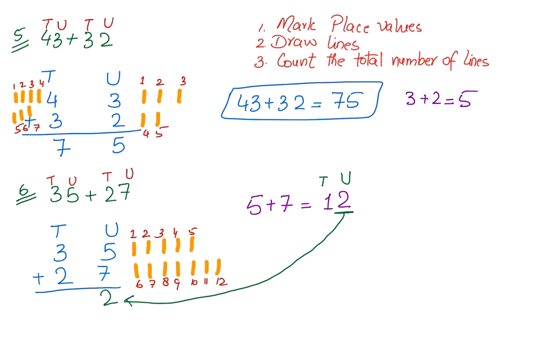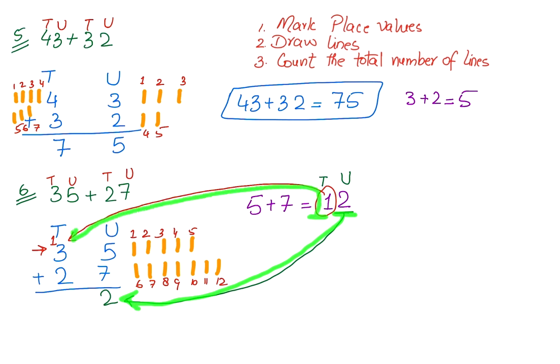You will write 2 here. And the tens digit will be carried to the tens place value. You will carry the number 1 over here. So I repeat: the units digit will go to the answer side, and the tens digit will be carried to the tens place value.